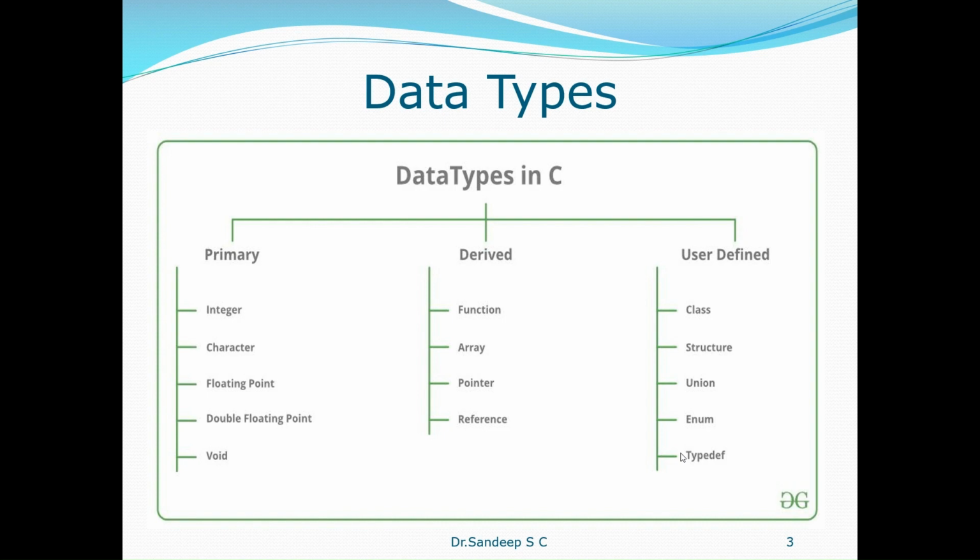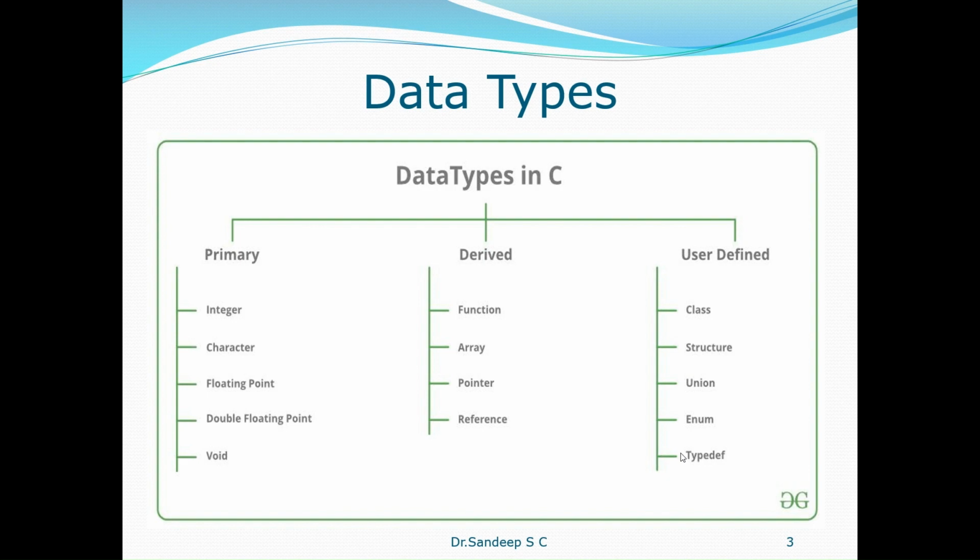Then comes derived. In derived data types, we have functions, arrays, pointers, and references. Each one we will be discussing in detail. Then we have another set that is user defined, wherein we have class, structure, union, enum, and typedef.